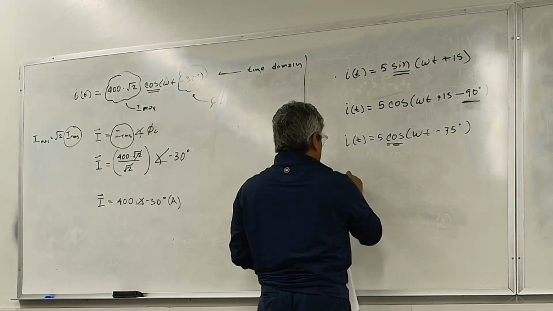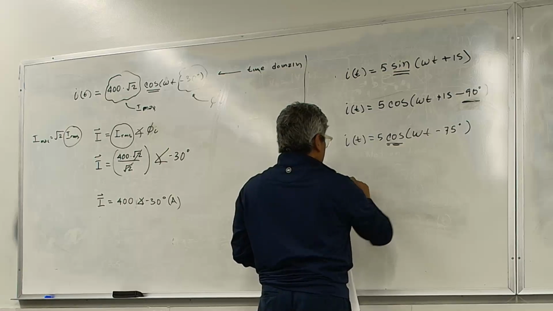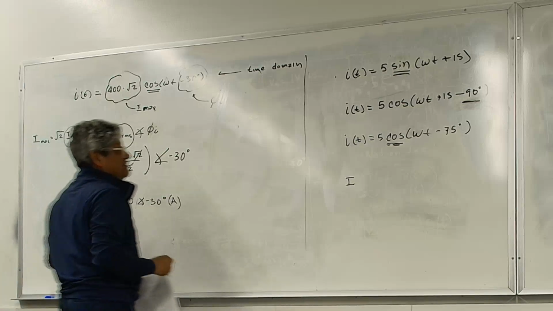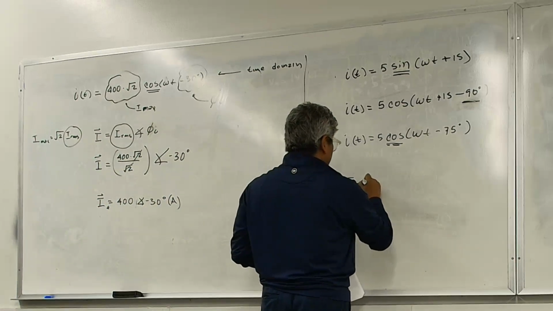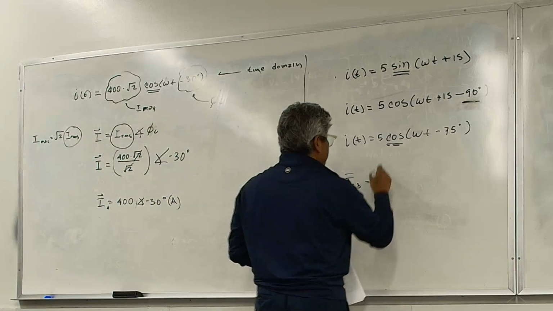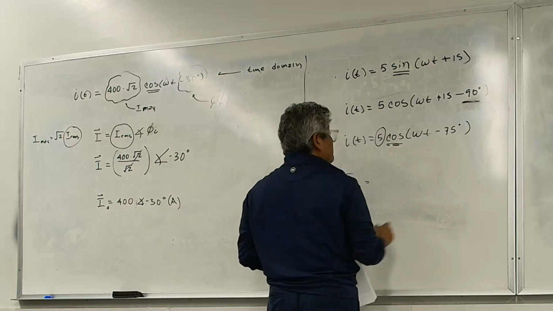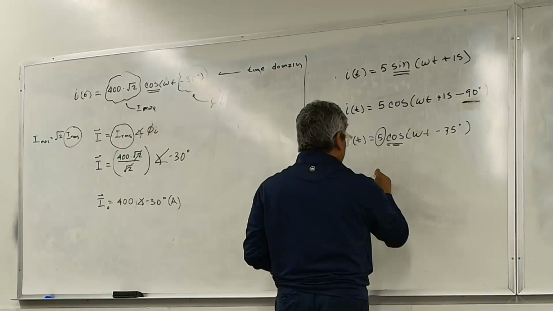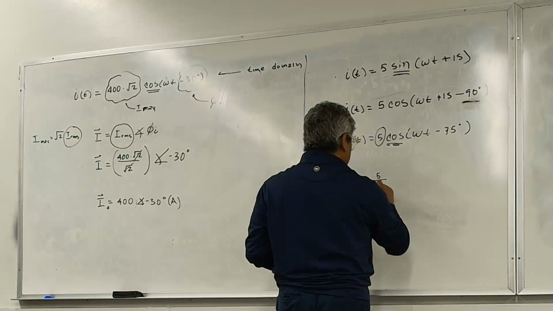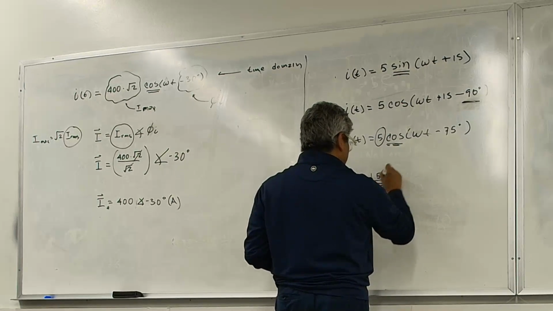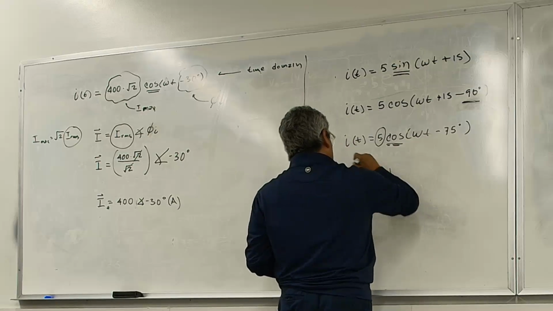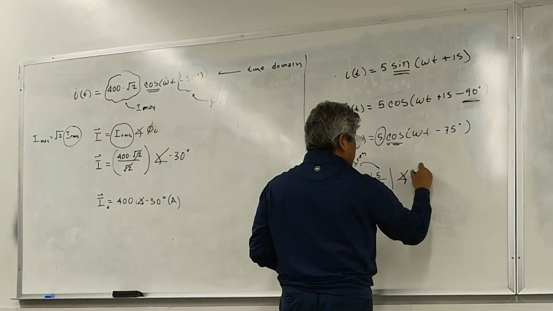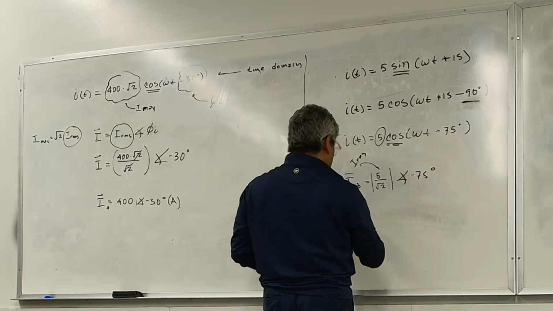So then I'm going to call this phasor, with a name, A maybe, is equal to, I have the magnitude, 5, which is the peak value, divided by square root of 2, that's its magnitude, or the IRMS, angle of minus 75 degrees.